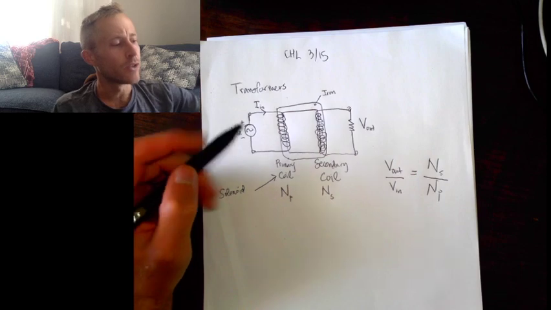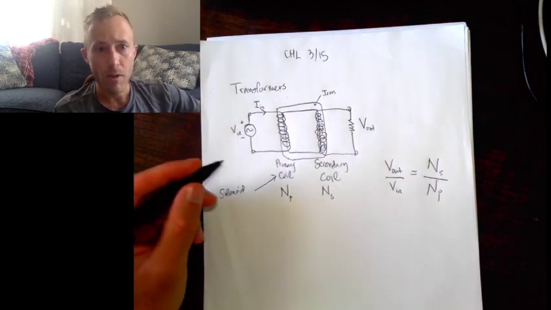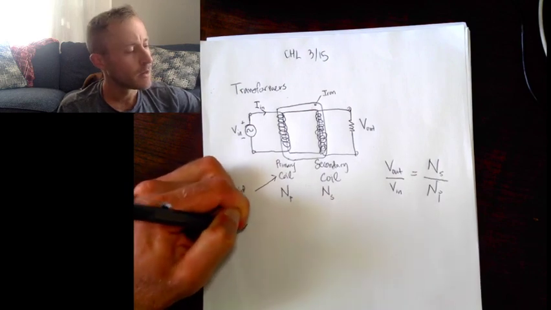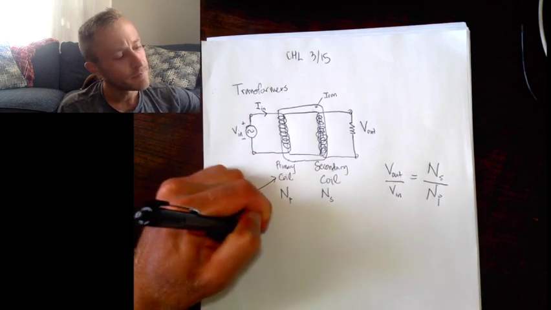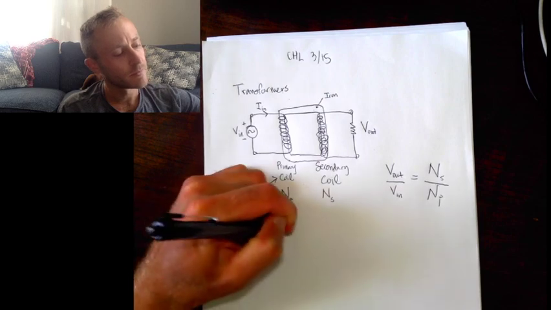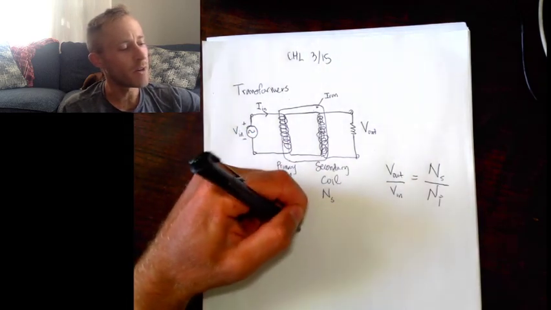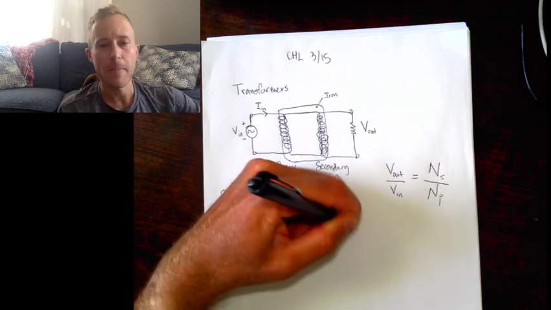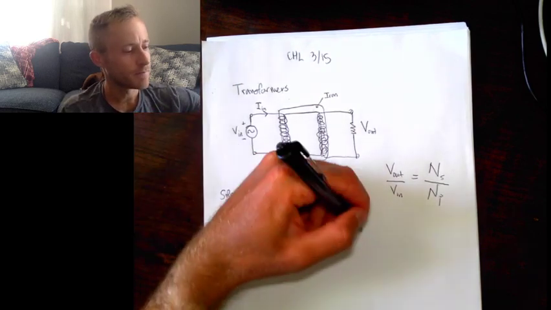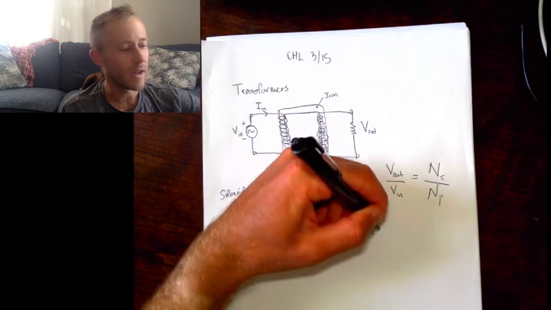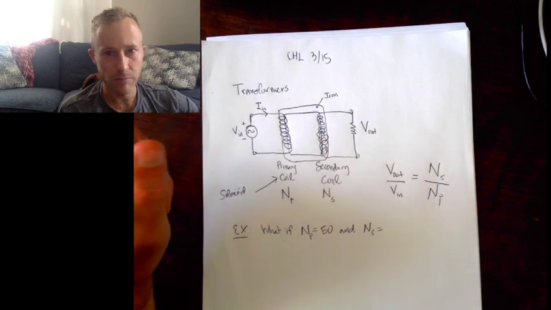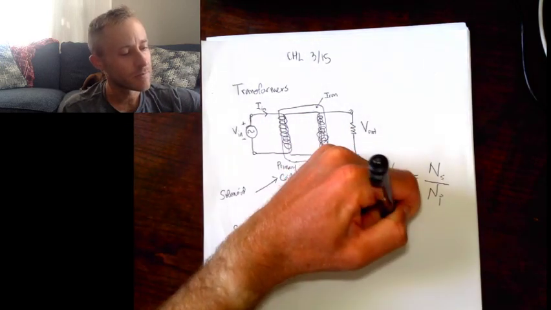Okay? So for example, let's do an example. What if the primary has 50 turns and the secondary has, let's say, 900 turns?